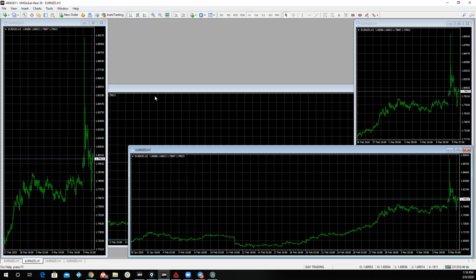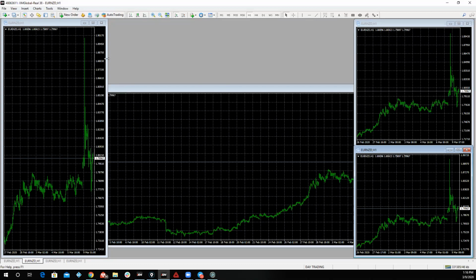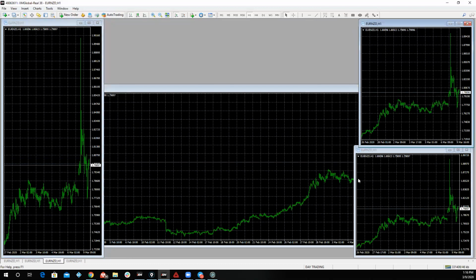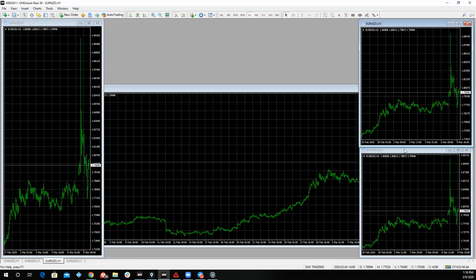Right. And I like to see the chart in the middle a little bit bigger than the rest, because that is where I'm going to do my execution, right?